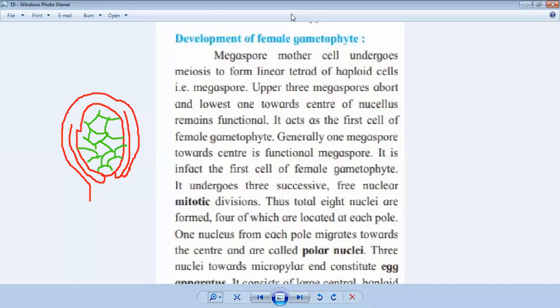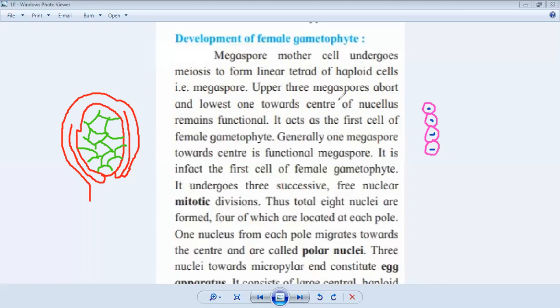Linear tetrad means like this: 1, 2, 3, and 4. This linear tetrad of cells will be produced inside the nucellus at the micropylar end. These cells are considered megaspores.